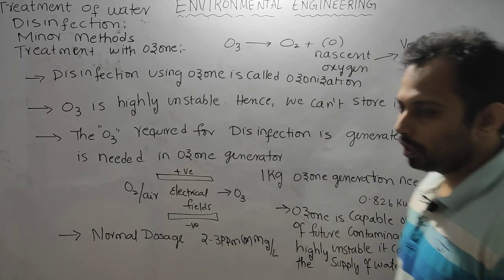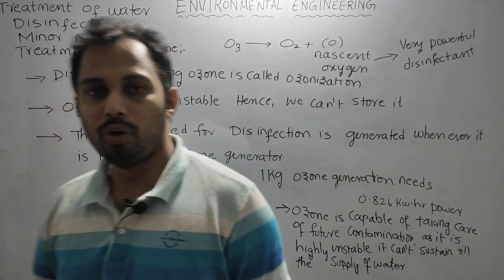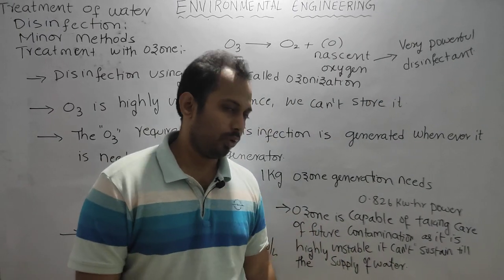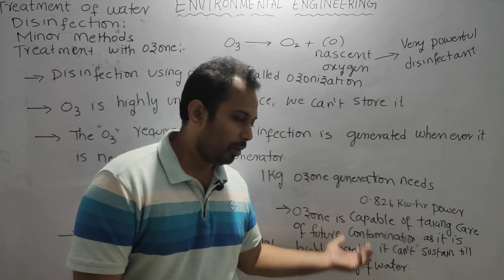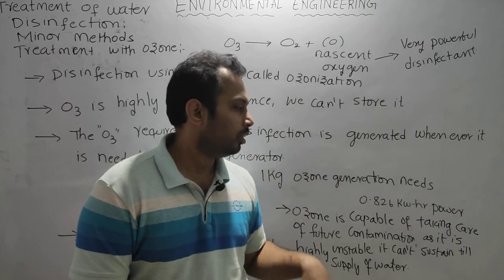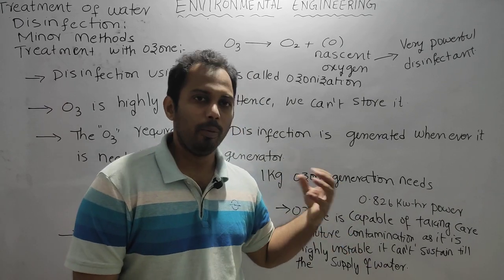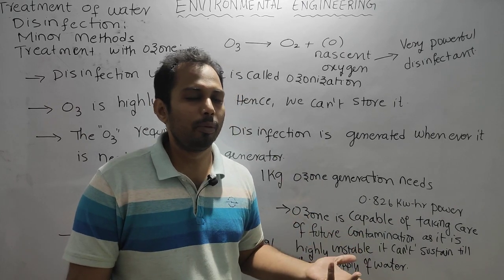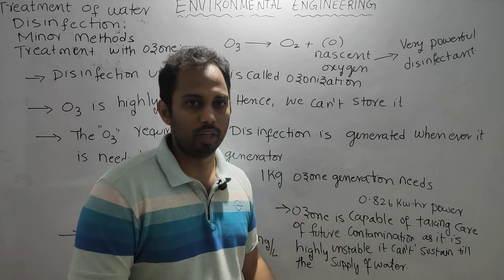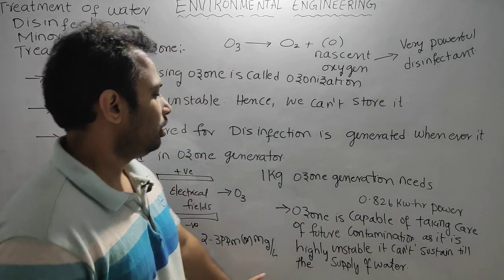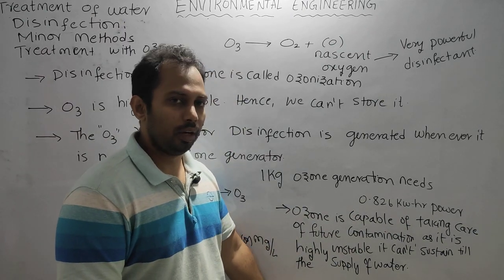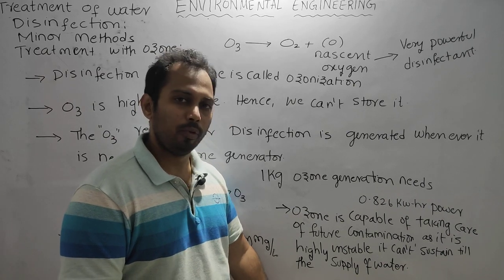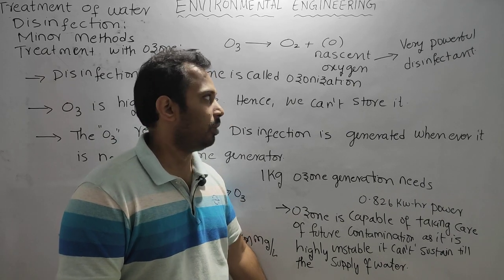Though you keep it more than the required dose, it will not sustain for a longer duration. If ozone is present, then there will be residual capacity in the water. If ozone is not present, how will the residual capacity come?